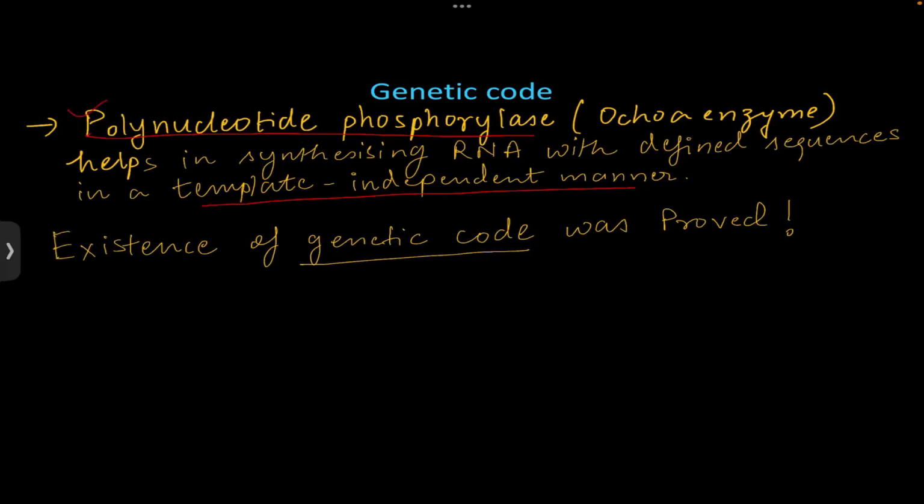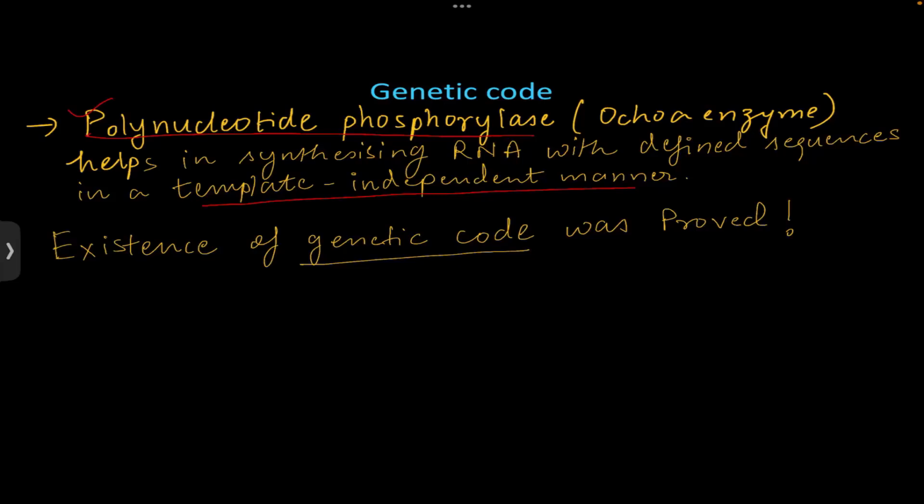But this particular enzyme helps in synthesizing an RNA molecule without a need for a template, and this RNA molecule would have a sequence of our desire. Whatever sequence you want, you can put in there. So this was an enzyme-mediated synthesis of RNA, whereas Khorana proposed a chemical-based one.